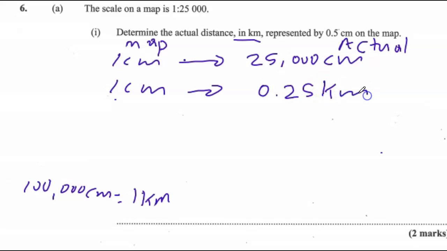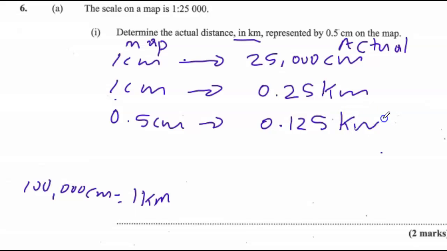In other words, whenever you say 1 centimeter on the map, the actual distance is 0.25 kilometers. 2 centimeters, the actual distance is 0.5 kilometers, and so on. Which means half of a centimeter: just divide both of these by 2, since you want half of a centimeter. You divide this by 2 also, and 0.25 divided by 2 is 0.125.